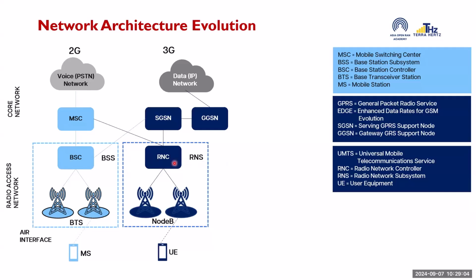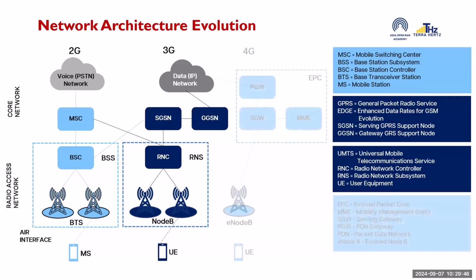The controller is now called the radio network controller, and our cell sites, or the radio access network, are now composed of the RNC and the Node B. When you see a cell site, the equipment there is called the Node B for 3G. But this time, our telephone is no longer a mobile station. If you want to use it in daily life, can I borrow your user equipment, please? Just to sound brainy. Okay, so user equipment. So this is what happened.